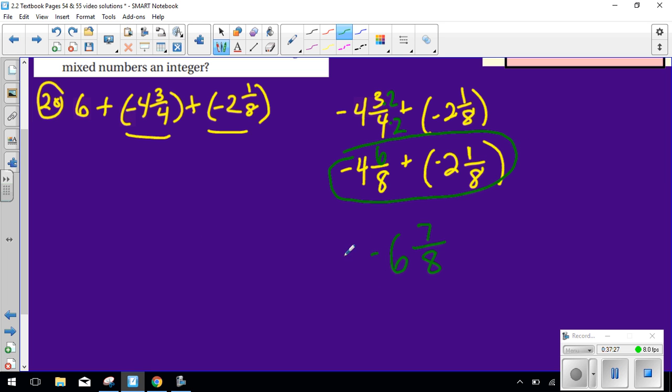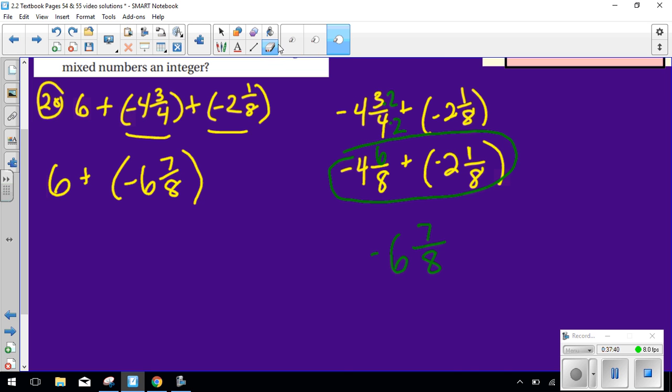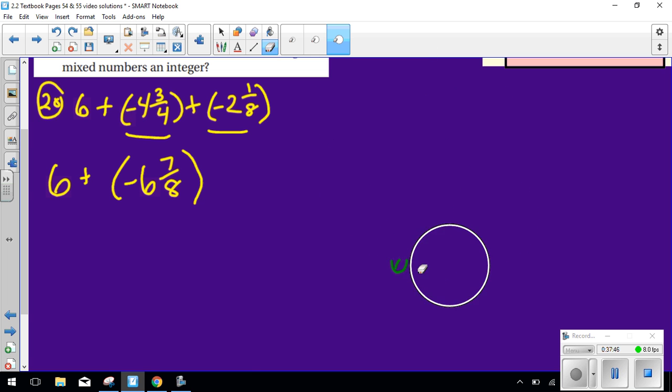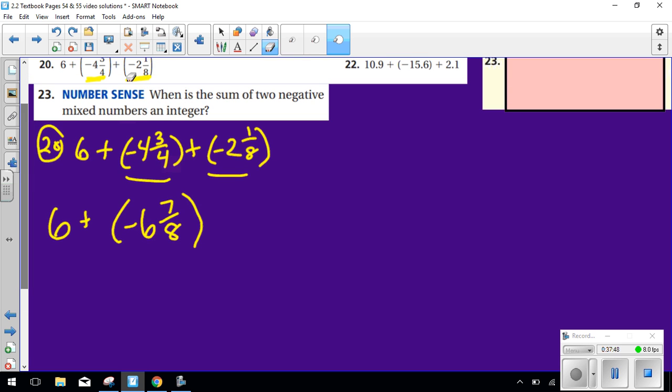So if I come back over here, I have 6 plus negative 6 7/8. Okay, I don't want you to do this, but I'm going to erase the work here just so I have some room to work with. So now I have different signs.